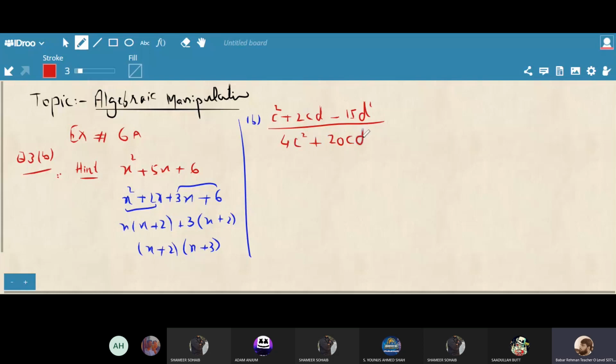In the denominator we have simple factorization, but in the numerator we have to factorize according to this.